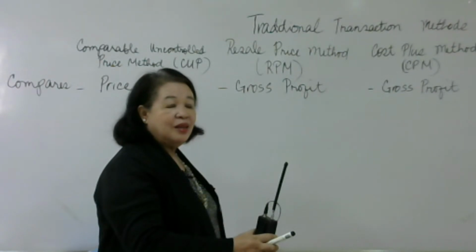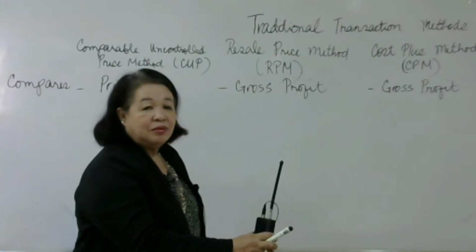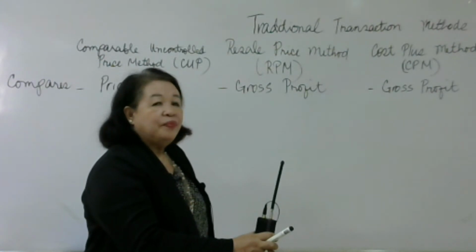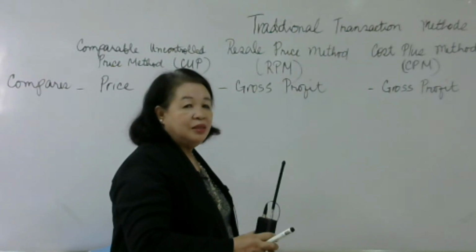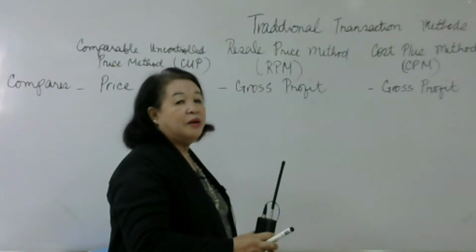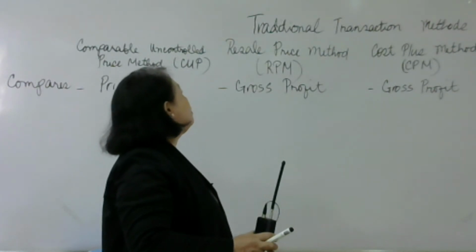So, bakit binili mo ng piso, binenta mo ng 75 centavos? So, ano dyan? Anong reason, no? Walang business reasons, no? So, hindi siya arm's length. Yung pricing mo ng goods and services is not arm's length.